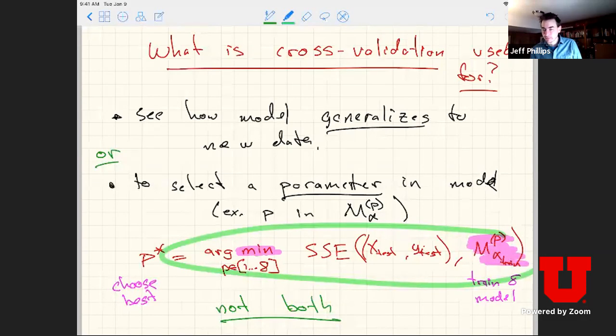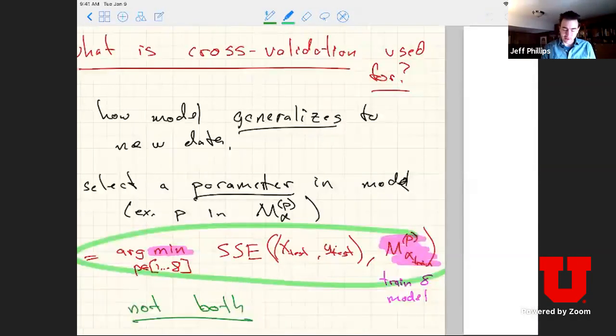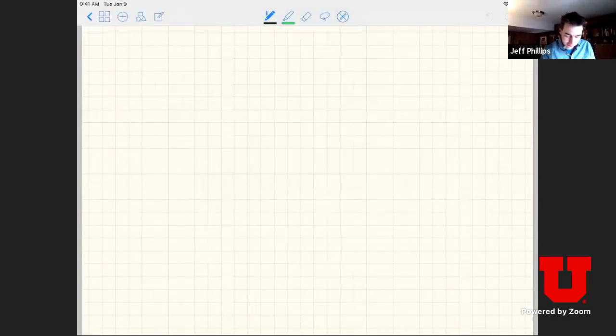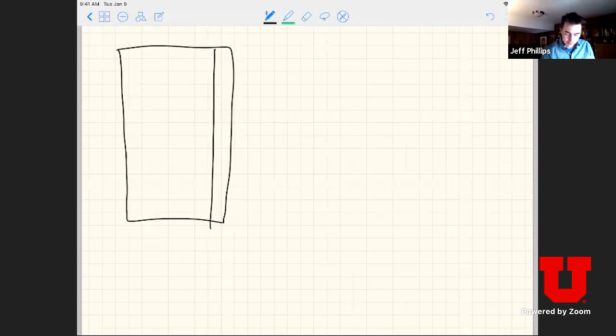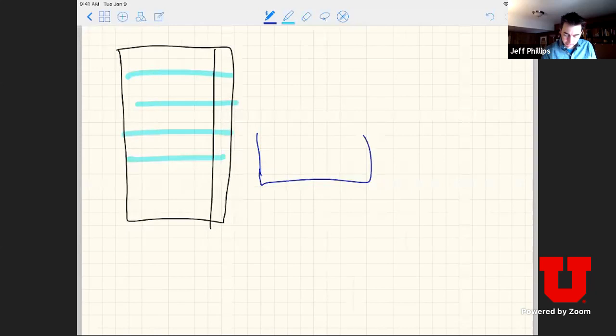Right. So question: can you do both if you have two test sets? Yes. Good. So you can do both if you have two of these test sets, right? So if we go back to this picture, what I'm going to do is select some data here to be my test.